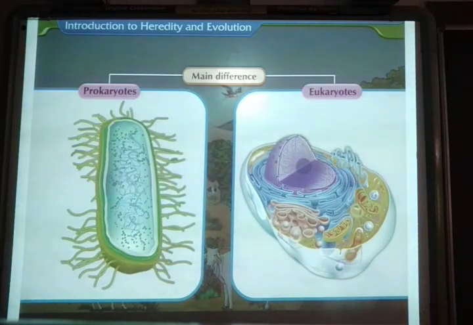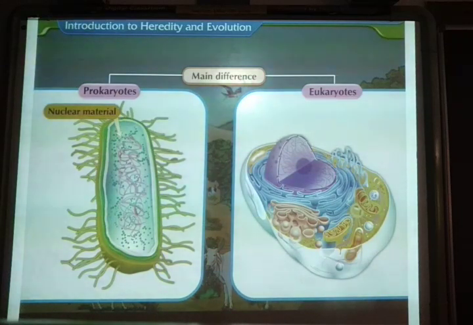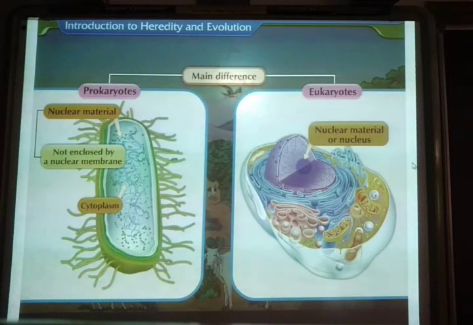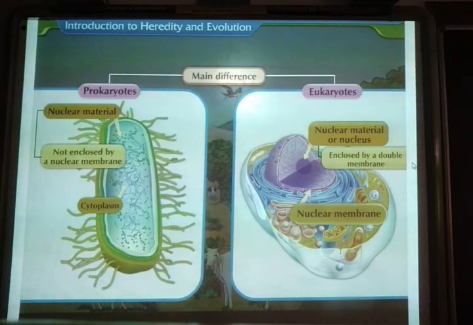The main difference between prokaryotes and eukaryotes is that, in the case of prokaryotes, the nuclear material is not enclosed by a nuclear membrane but is in direct contact with the cytoplasm. In eukaryotes, the nuclear material or the nucleus is enclosed by a double membrane called the nuclear membrane.